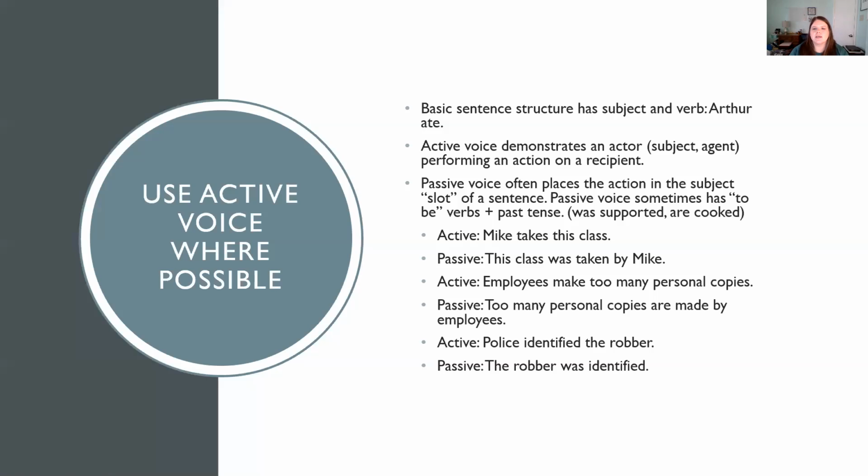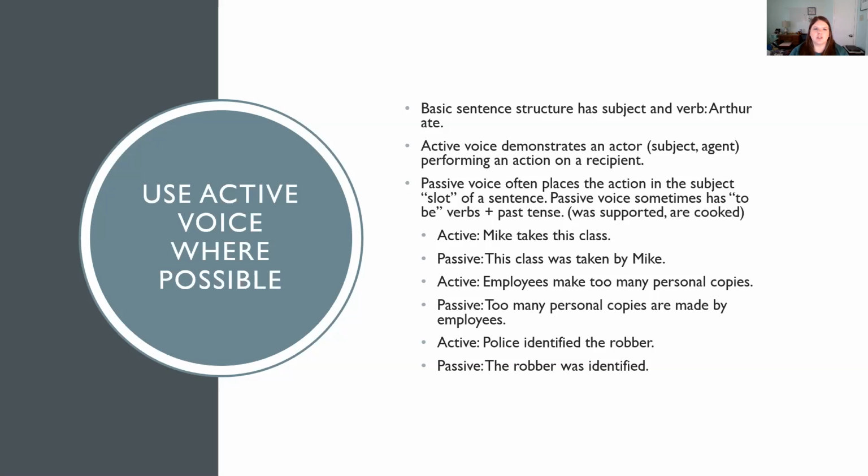So for instance, a basic sentence structure would have something like Arthur ate, right? Arthur, in this case, is my dog, but Arthur ate, it's a subject, which is a noun, and a verb, and that's an entire sentence. However, if you were going to do something like passive voice, you would say the food was being eaten by Arthur, right?